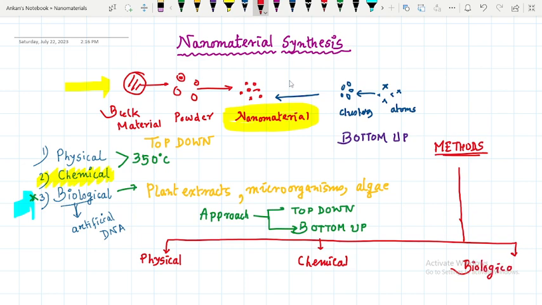Okay, so out of which I am going to show you some of the methods or procedures involving these types of methods. Let us discuss point by point. At first I want to show you some physical methods. The first one is the arc discharge method.